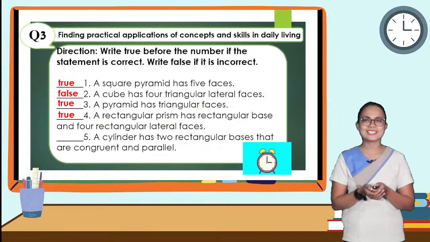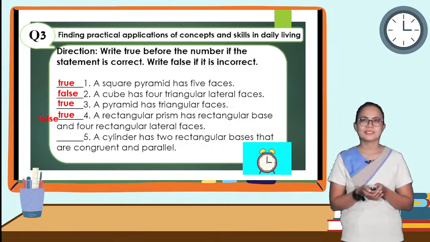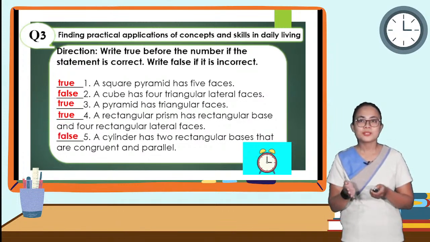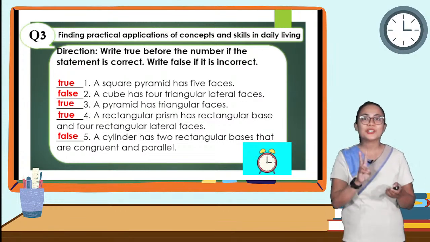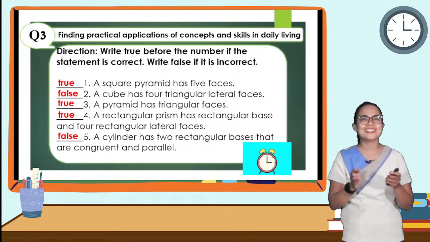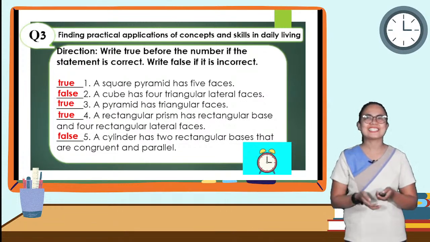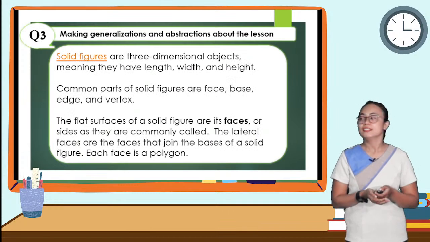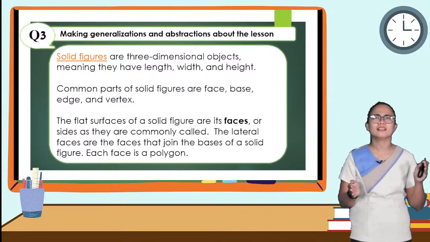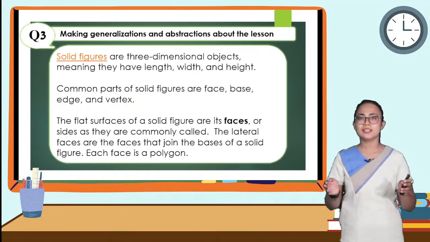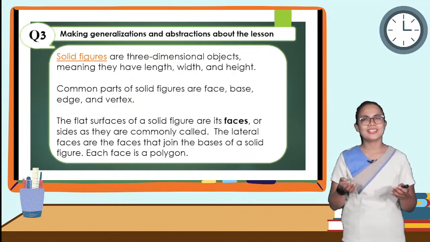The answer is, great. False. Why? Because a cylinder has 2 circular bases, not rectangular. Great, grade 6 learners. Now let's have this. To sum up our lesson for today, we have solid figures are 3-dimensional objects, meaning they have length, width, and height.